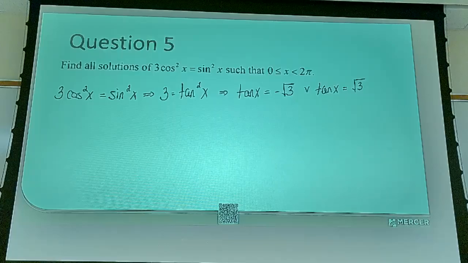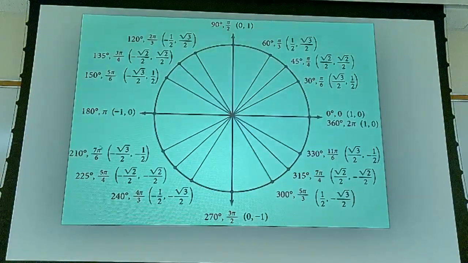Again, tangent is y over x. This is where I said it's a little tricky, but it's useful if you really know your unit circle. Root 3 over 2 divided by 1/2. Isn't that root 3? Because isn't that the same as just root 3 over 2 times 2?